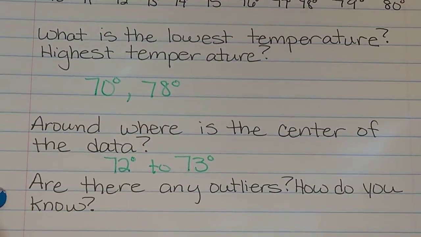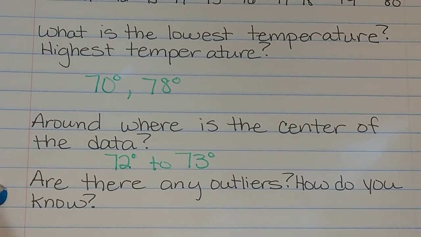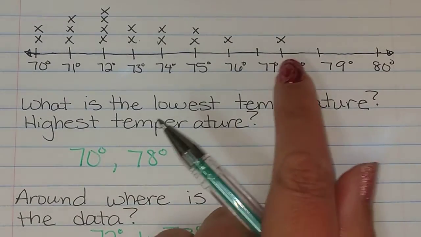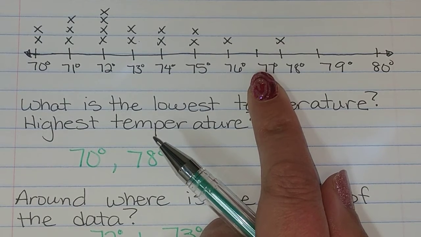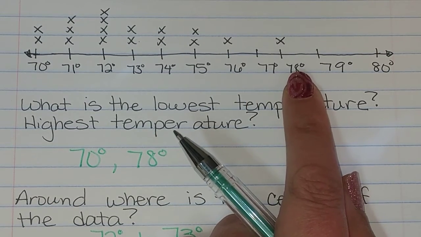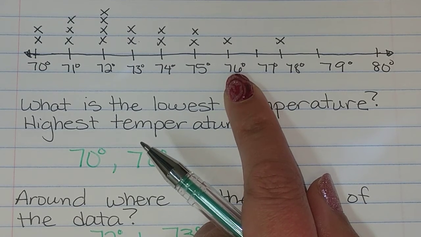Let's look at one last question. Are there any outliers, and how do we know? Well, we can see right here that there's 78. There's nothing next to it. It might be tempting to say that 78 is an outlier. However, there's only 1 degree separating it from 76.